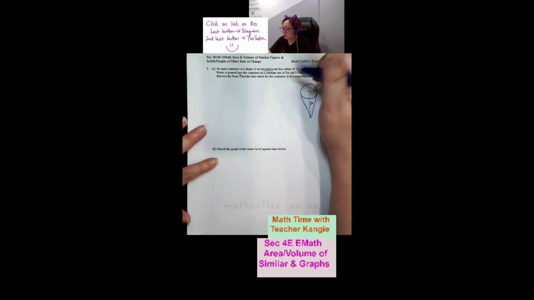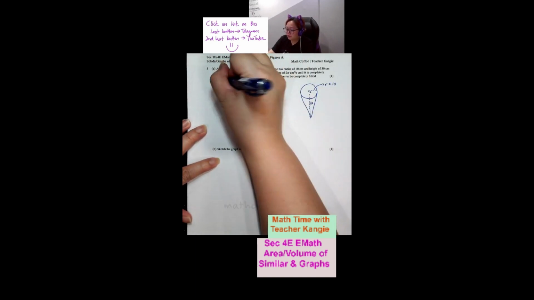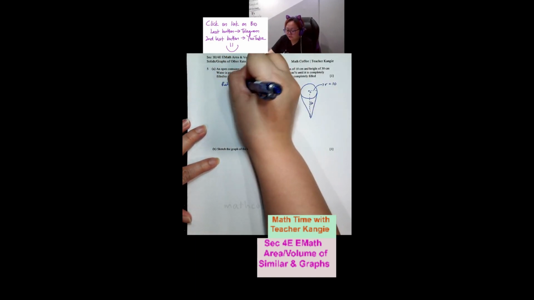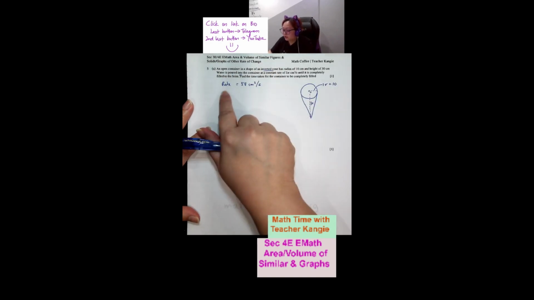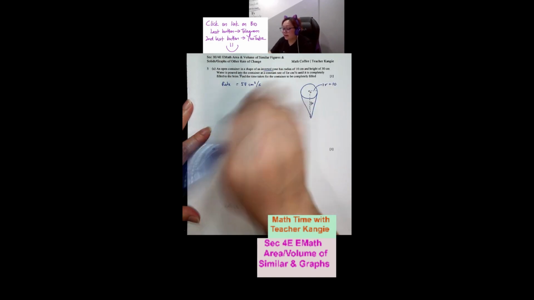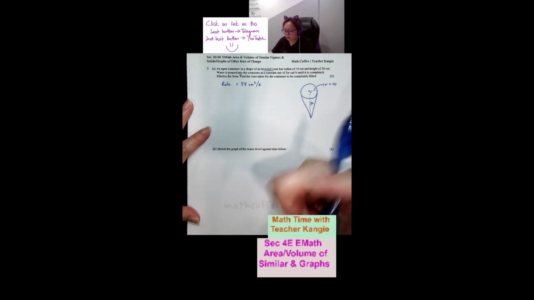So this is my so-called rate. The rate given to us is 5 pi cm cube per second. So now, in order to find out the time to fill up, I need to find the volume of the cone.